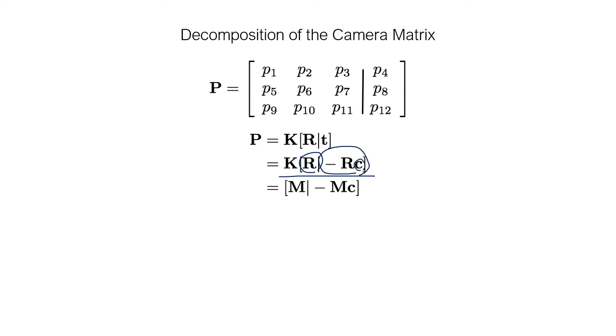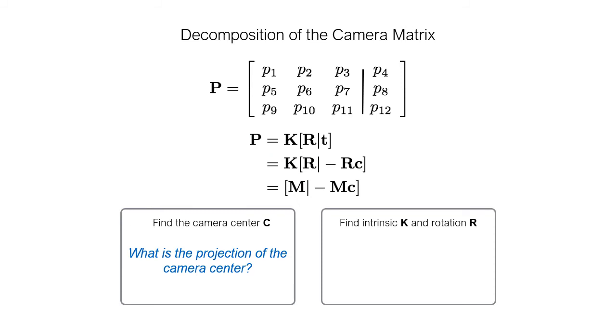C is the camera center, the central projection. And this K is multiplied by this and this. So M is KR, and then we can rewrite this P matrix as shown here. So we want to find the camera center C. What is the projection of the camera center?